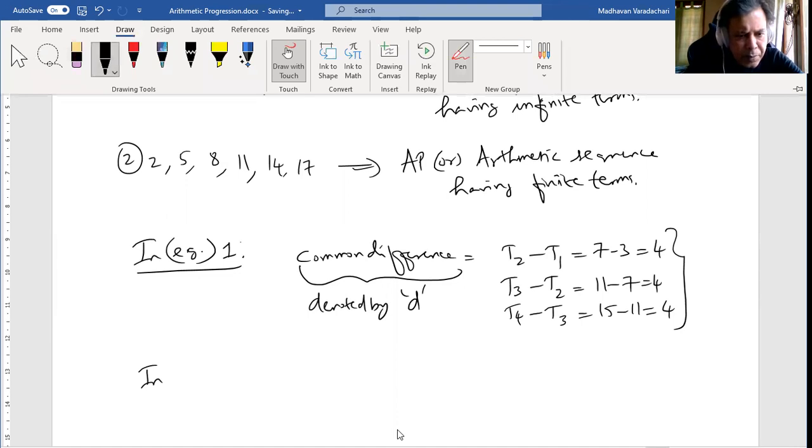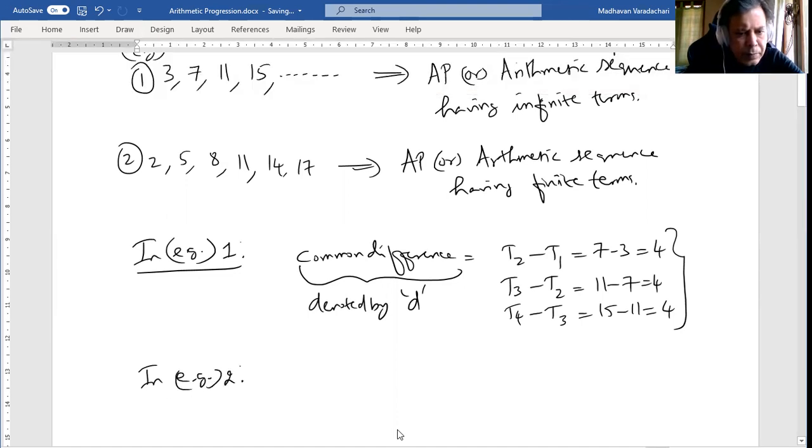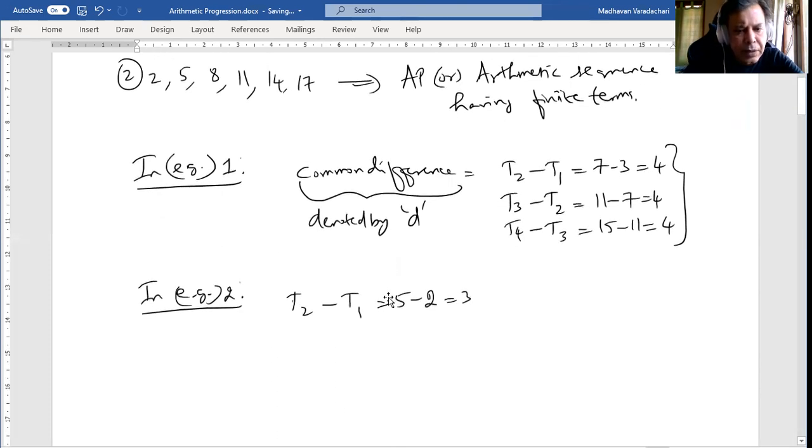Okay, in the second example, we may notice term 2 minus term 1 is 5 minus 2, it is 3. Then next, term 3 minus term 2, it is 8 minus 5, it is 3. Term 4 minus term 3, 11 minus 8, it is 3.